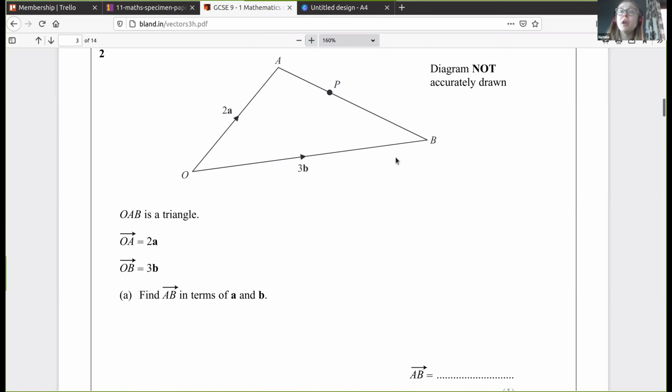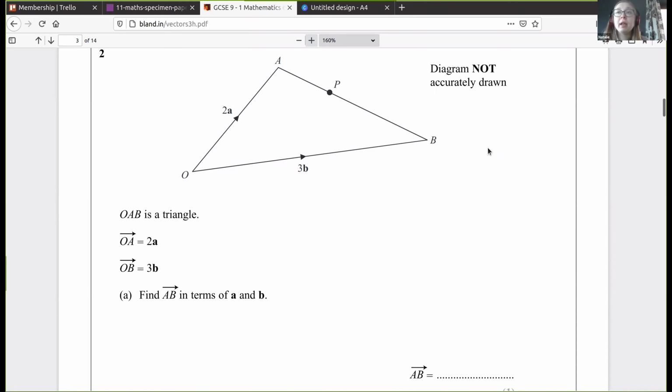Now you can think of vectors as walking a path between points, and the route that we take doesn't matter as long as we start and end at the same point. So for example, I could work out the path A to B by going A to O, O to B, or I could go some alternate route on some other vectors that perhaps I haven't drawn on here.